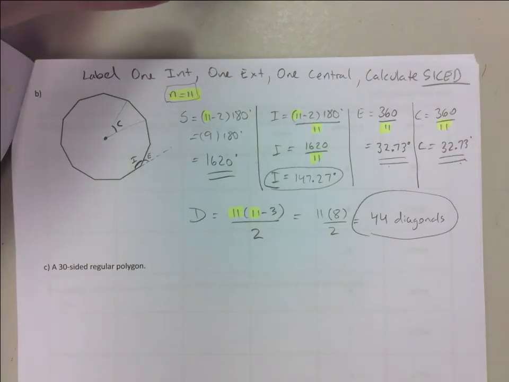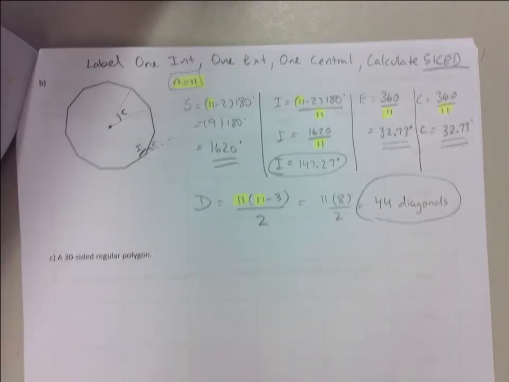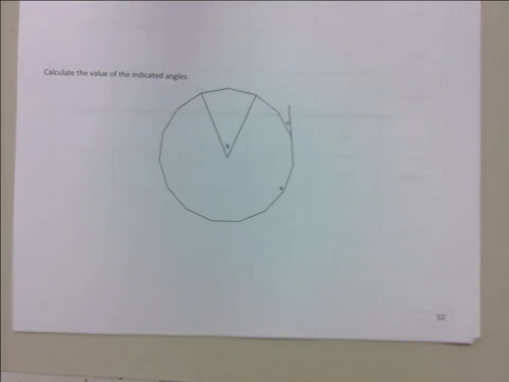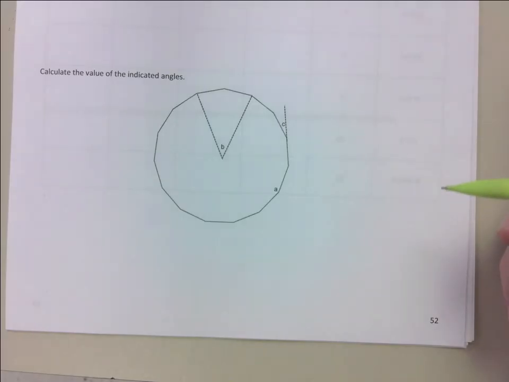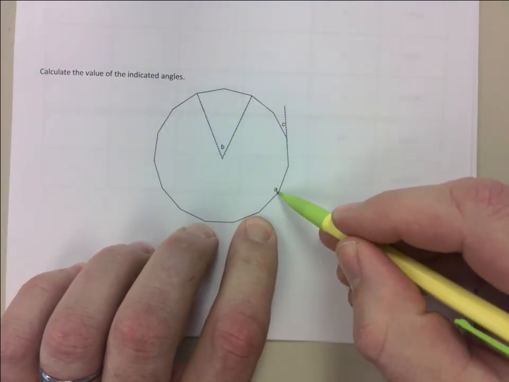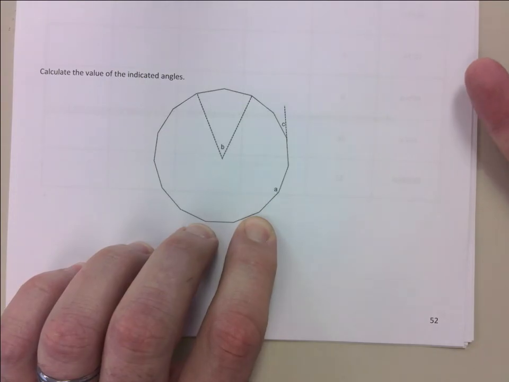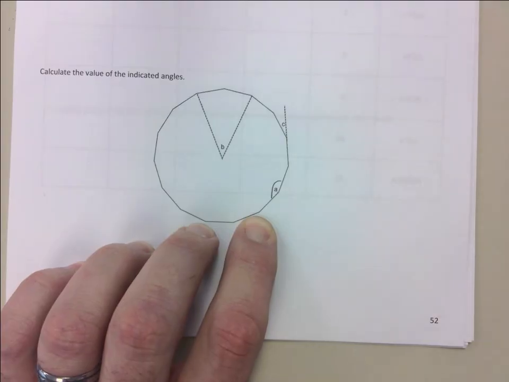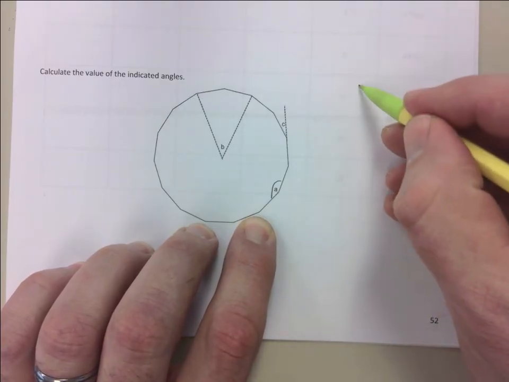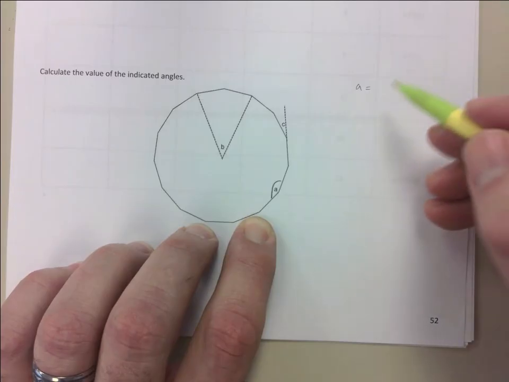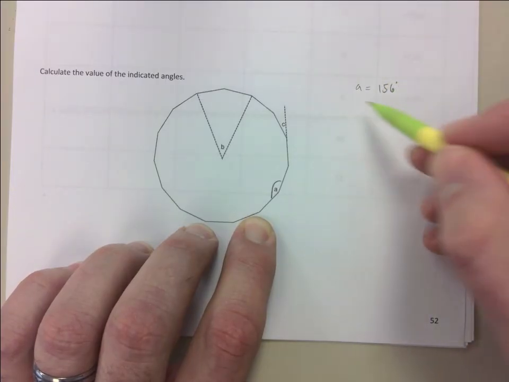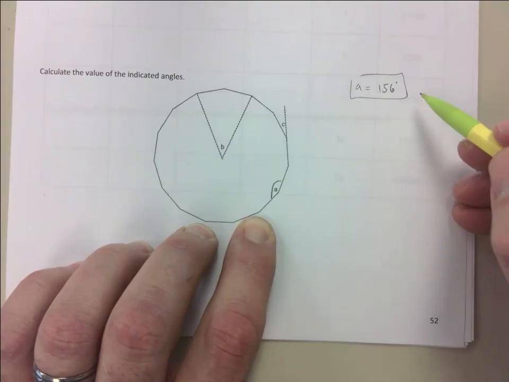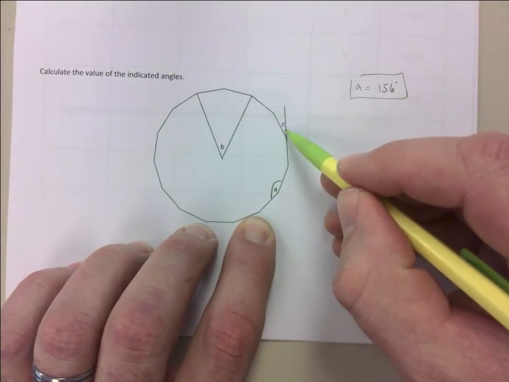Let's go down to the last question on this page. What is A? If I asked you for A, what angle is that? Yeah, there we go. That's all I need you to know. I'm not going to solve this. I'll just tell you that A is supposed to be 156 degrees. C, what's C?